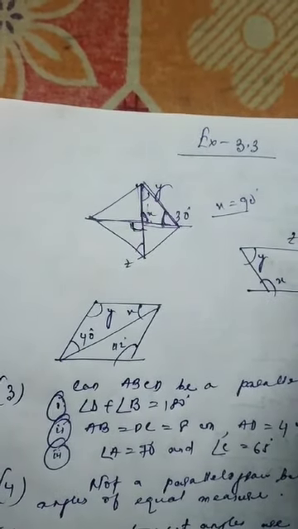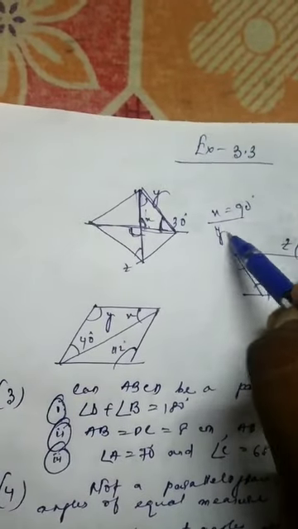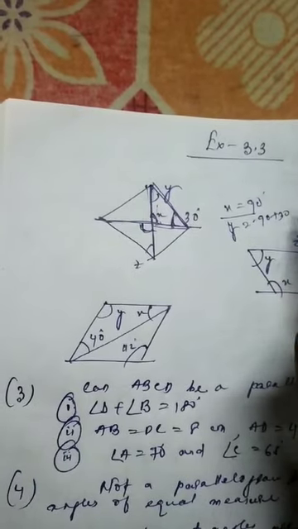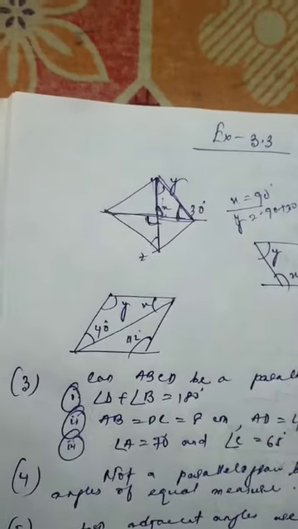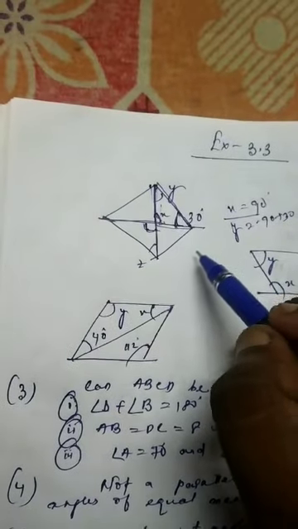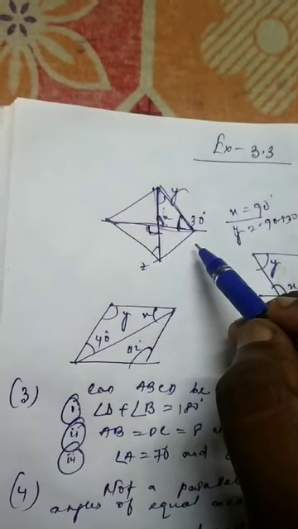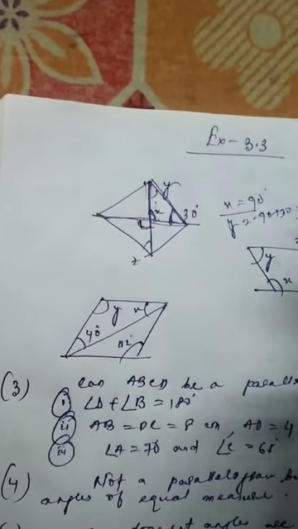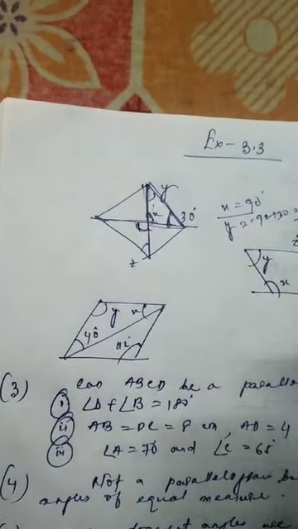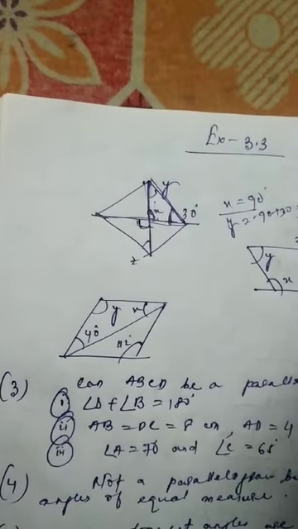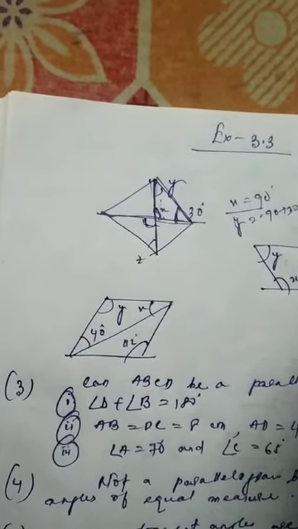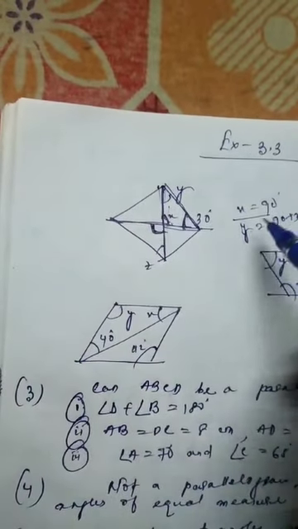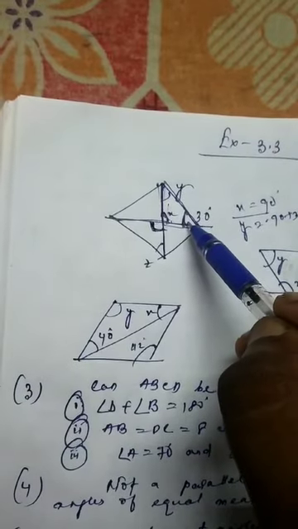So of course, if you want to get the value of y, just simply add 90 and 30, that is 120, and subtract it from 180 degrees, because as we know, the sum of all the angles of a triangle is 180 degrees. So x will be 90, and the measure of this angle is 30 degrees.